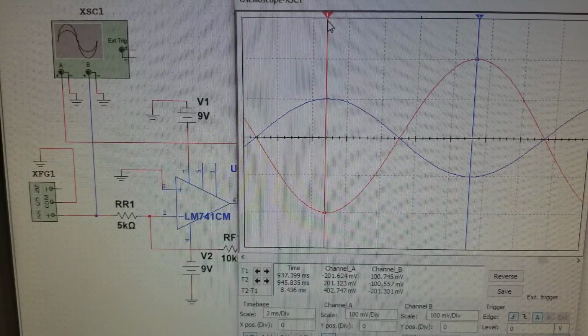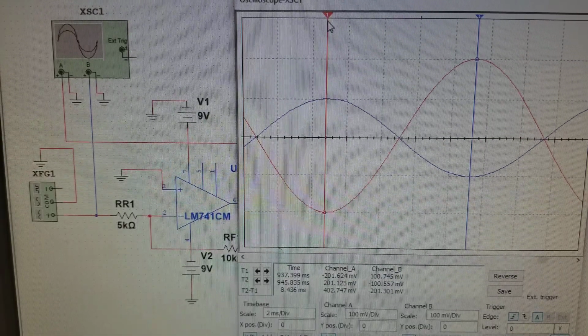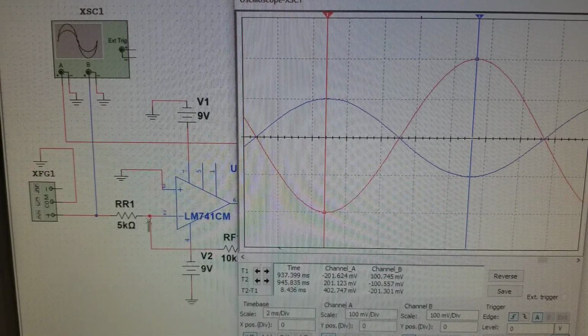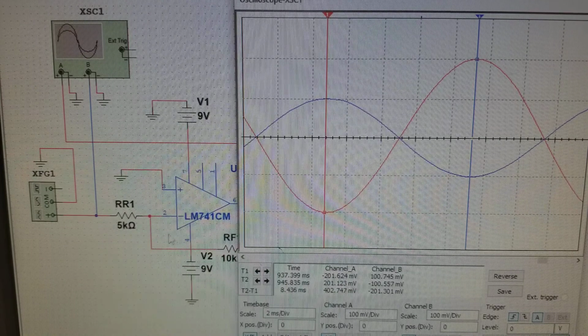So here we have it with 5 kiloohms for our RR1. You could see that our output voltage is now at 402 millivolts, whereas our input voltage stayed at 201 millivolts.